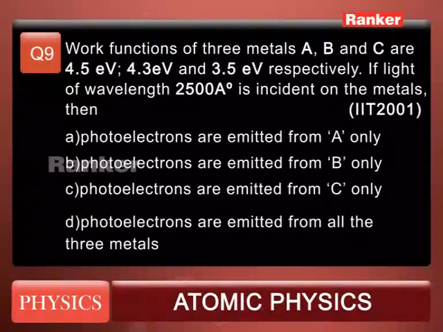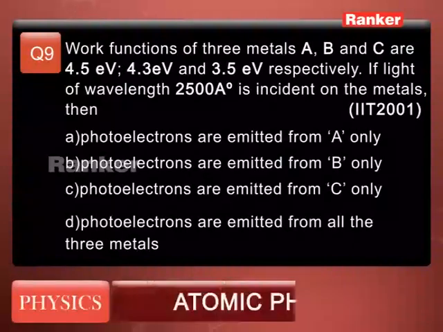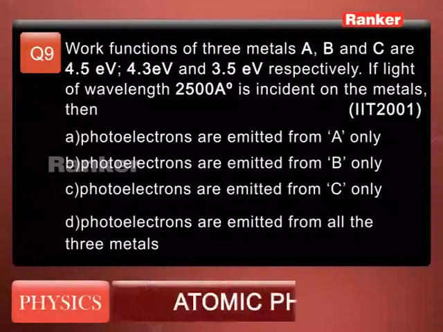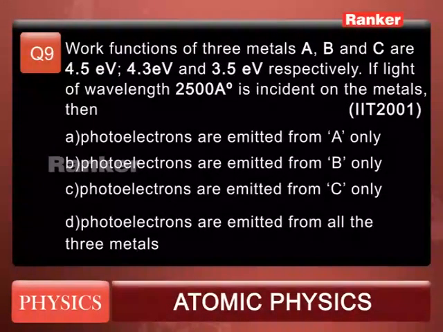Of course 4 options have been mentioned there. The first option says photoelectrons are emitted from A only, that is the first metal only. The second option says photoelectrons are emitted from B only, that means only from the second metal, not from the first and third.